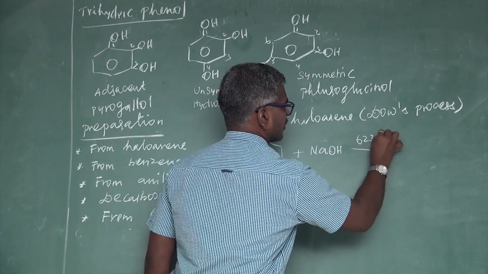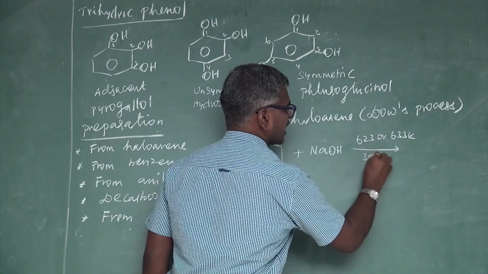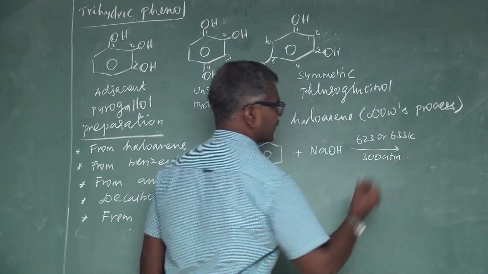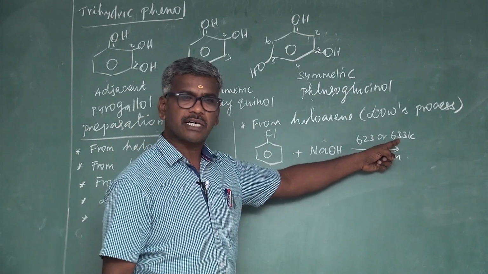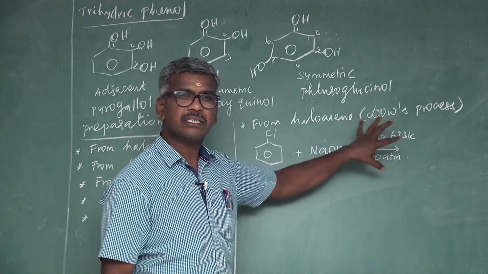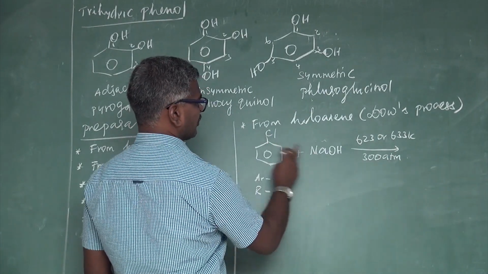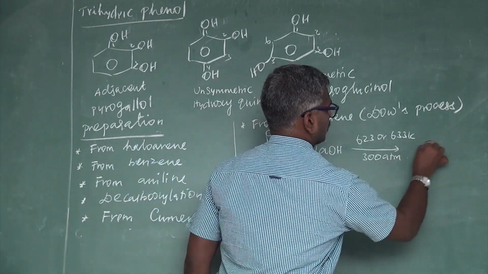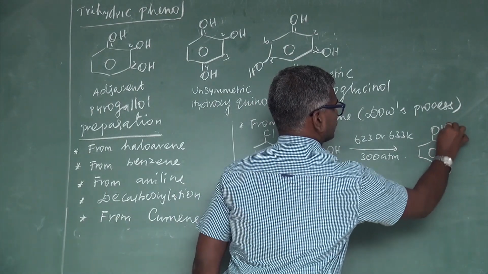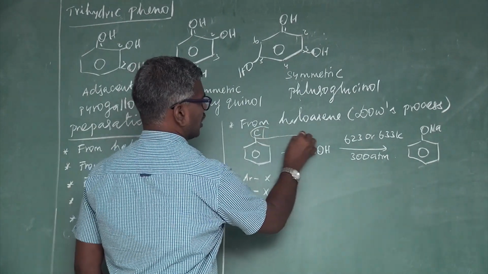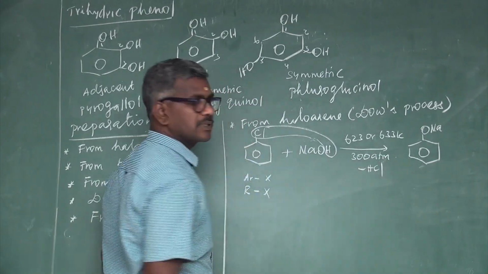The conditions are 623 Kelvin or 633 Kelvin, pressure 300 atm. Some books write 623, some write 633, but this reaction takes place at high temperature. NaCl is removed, giving ONa, as halogen and hydrogen are replaced. Removal of HCl.